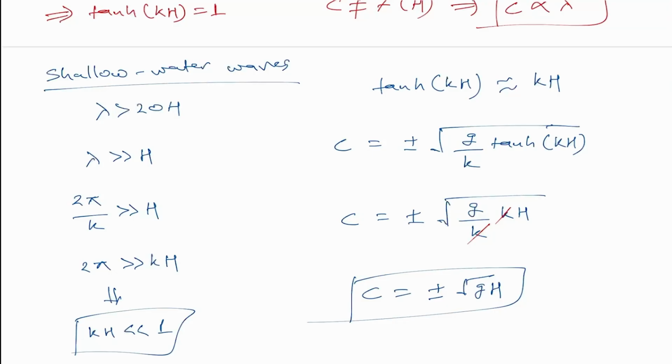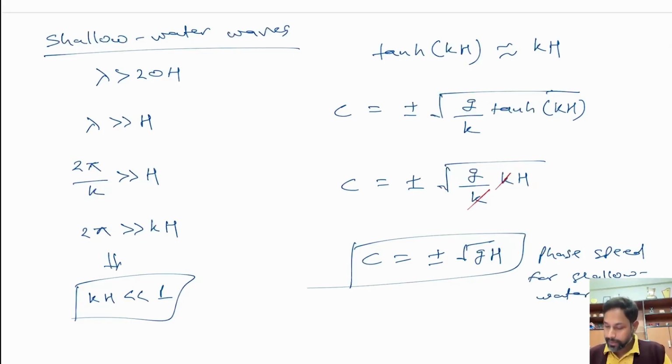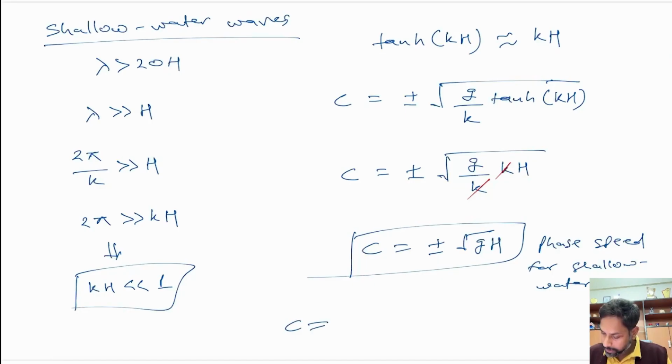Okay, so now this is the phase speed for shallow water. Okay, in here you can see c is not a function of lambda, rather c is proportional to h to the power half.